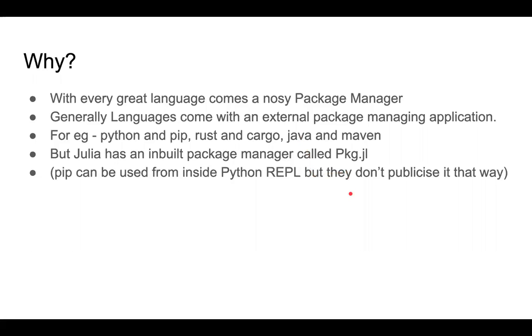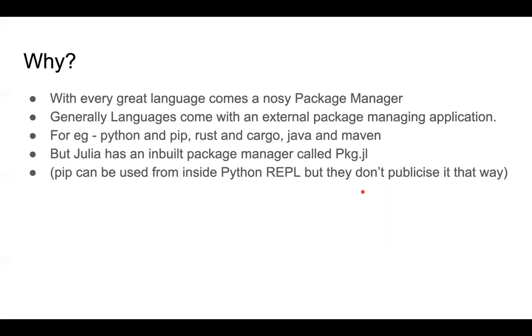The one thing that I really like about pkg.jl that is different from other package managers is that it is inbuilt into Julia. Pip also has an inbuilt version, but they don't promote it that way.